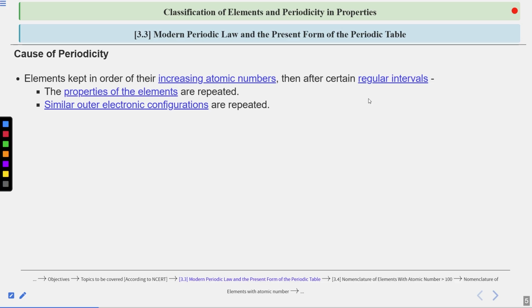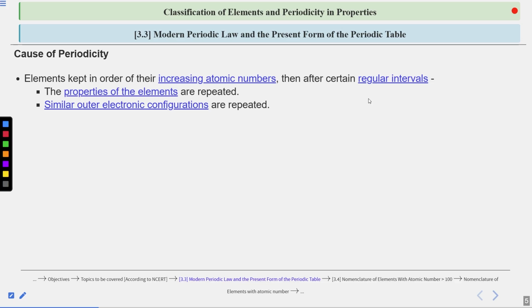So to keep a simpler version of that, we took the atomic number, and the results were great. First, the properties of the elements are repeated, meaning the classification was in accordance with their properties without any change in the order of the atomic number.